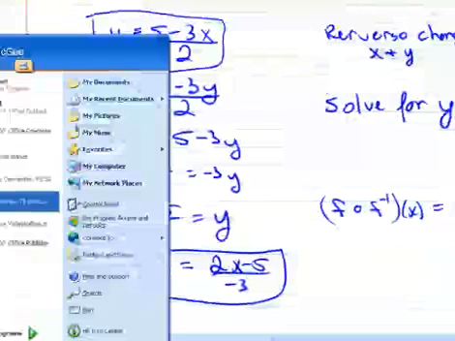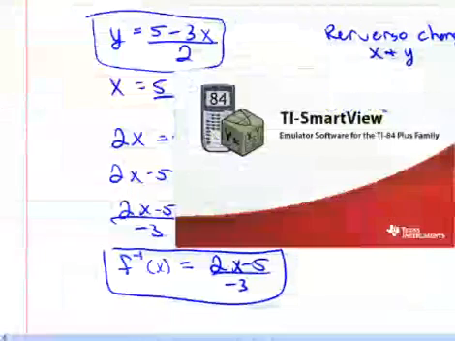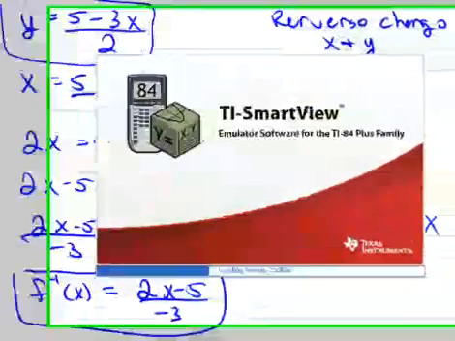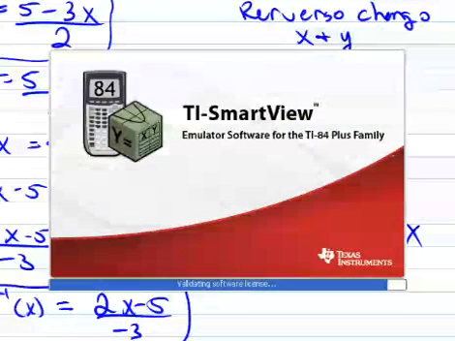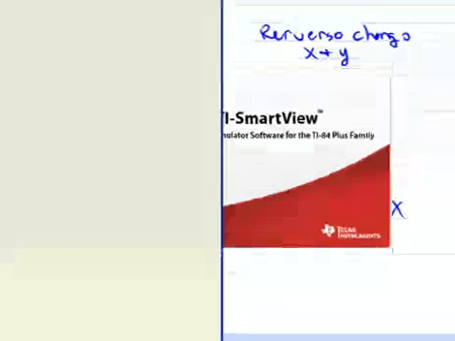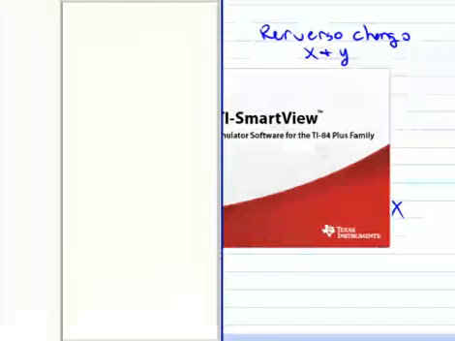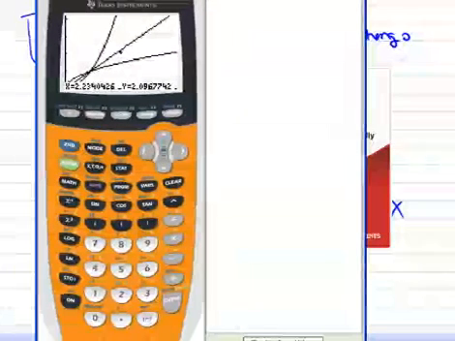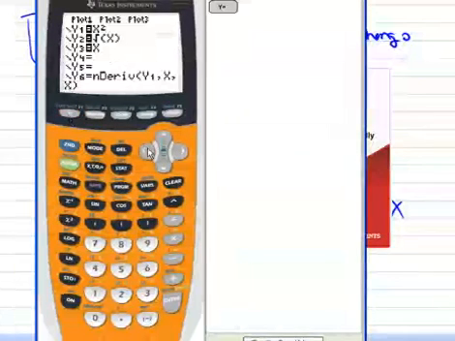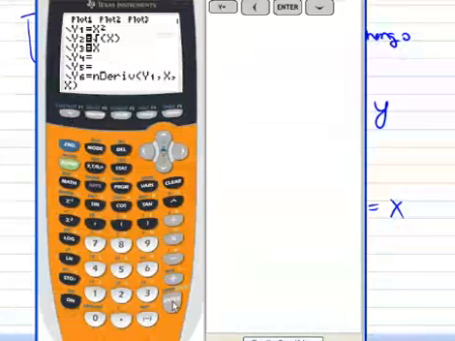If we want to visually determine if these are indeed inverses, then we can wait for the calculator to turn on. Still going. There it is. Okay. Ooh, those are pretty. I want to save those. Turn them off, though.